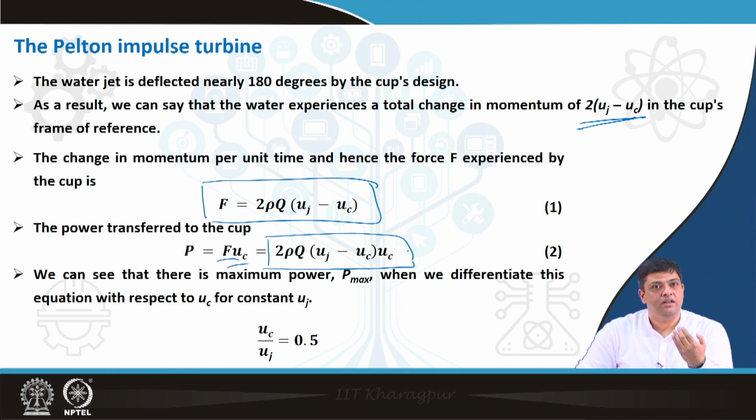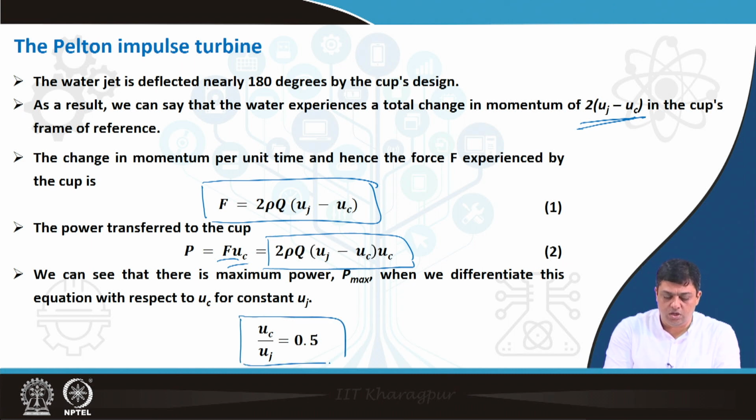And if you want to calculate the maximum power which can be obtained, you will find that this will be obtained when we differentiate the above equation, that is equation number 2, with respect to Uc for a constant Uj, and then you will get the maximum power only when Uc by Uj is equal to 0.5.